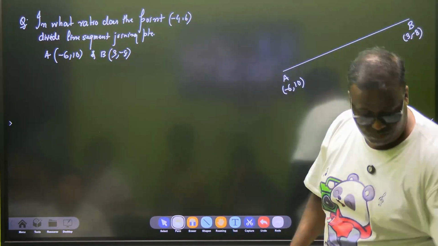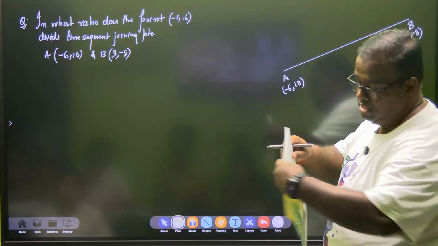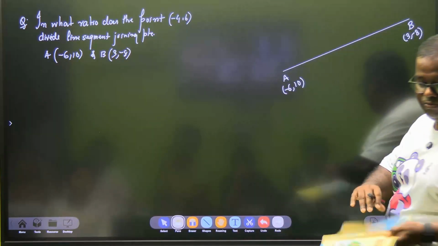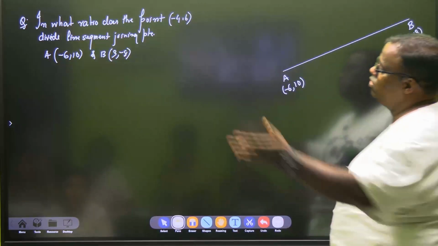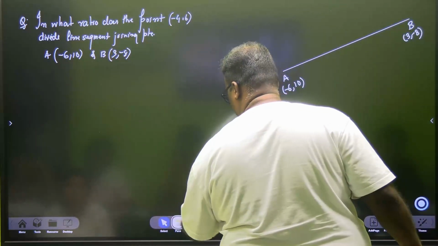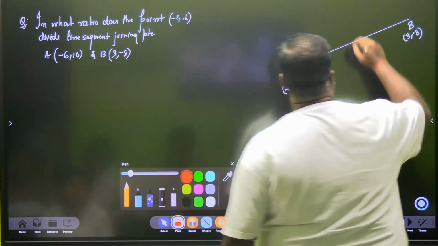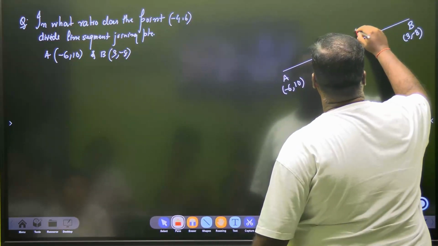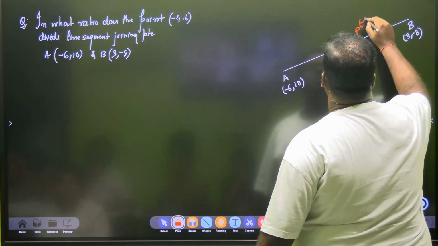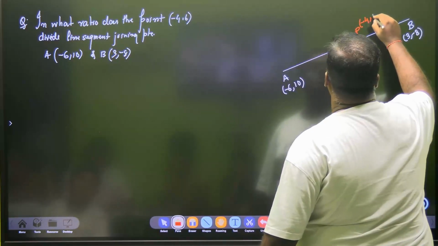Let me just cross check once again, hope I have not made any mistake. It's (-6, 10) and (3, -8). Okay, fine. And then they have said that there is already a point. I'm writing that in red color, that your point is already given. This is the point P, and P is (-4, 6).